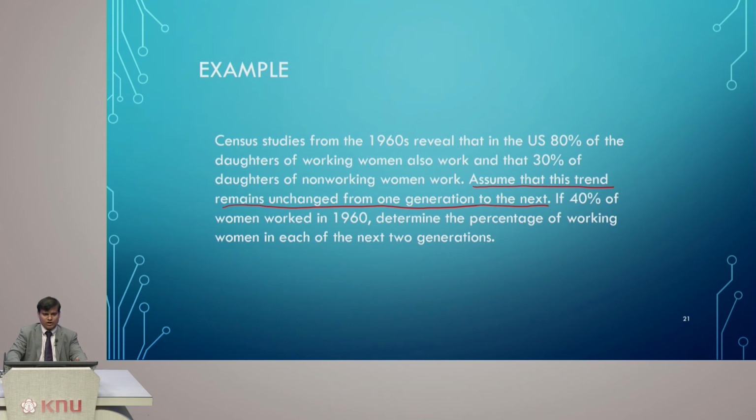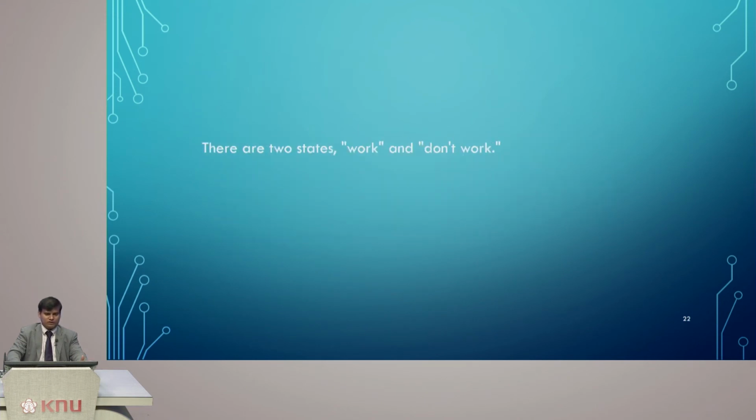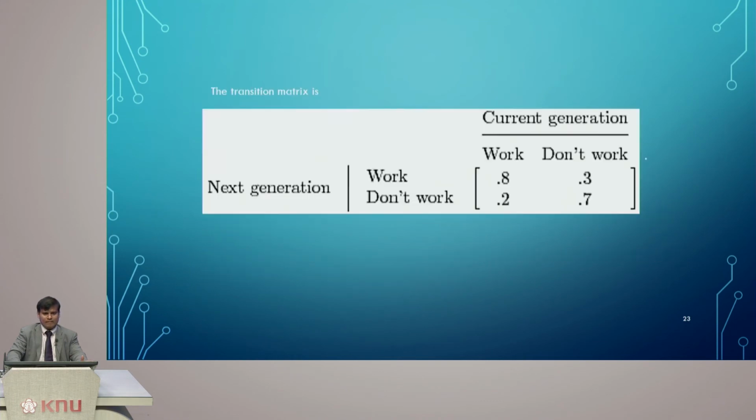So we know that 40% of the women worked in 1960, which means that 60% didn't work. Among the whole population, 40% of women worked, so that's 0.4, and 0.6, 60% didn't work. So that is your initial condition.